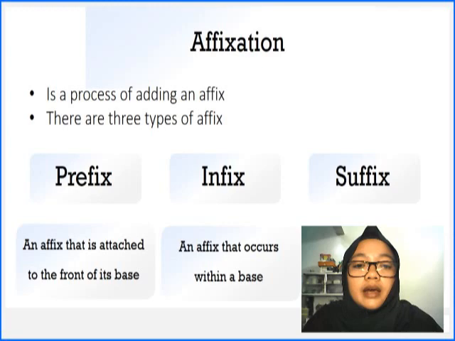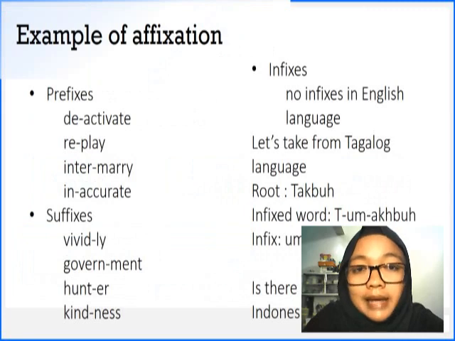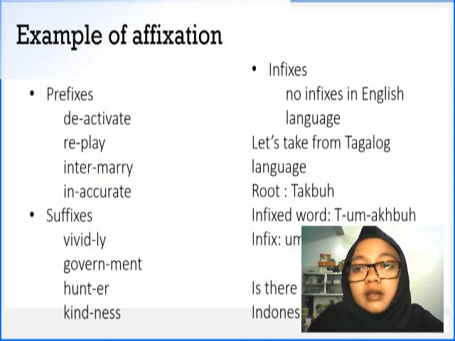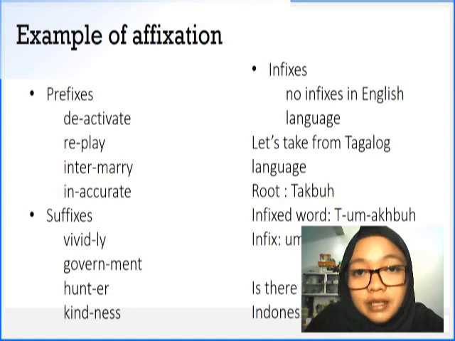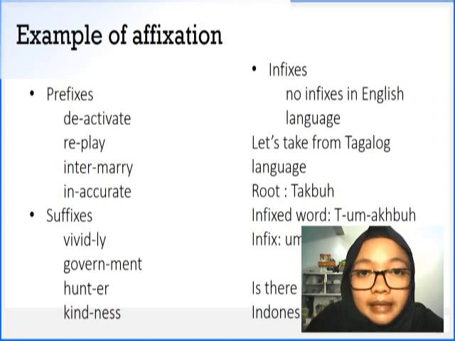Okay, we have the examples of affix. The first one is prefix, added in the initial position of the base or of the root. The first is deactivate. The prefix here is de. And then the next one is replay.